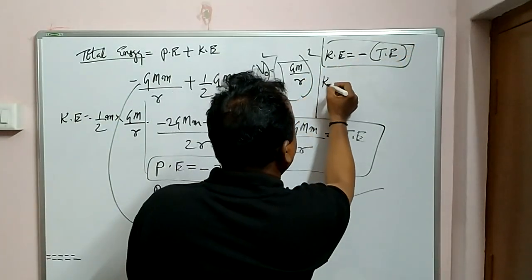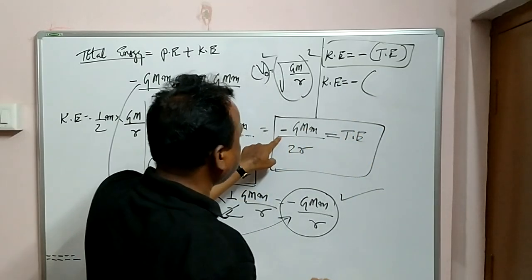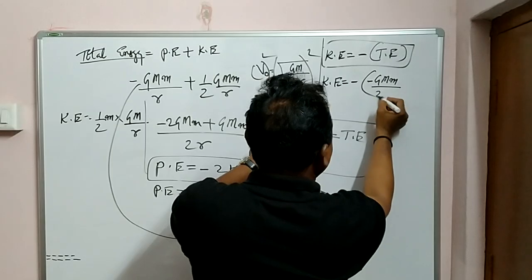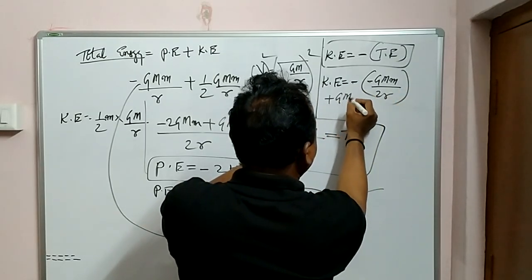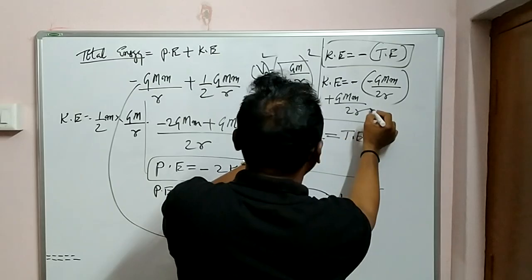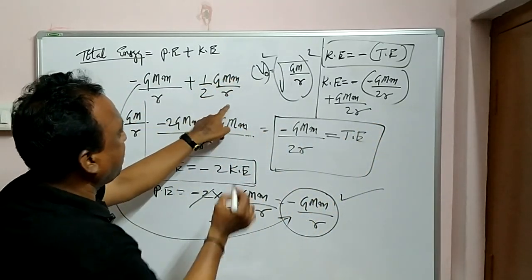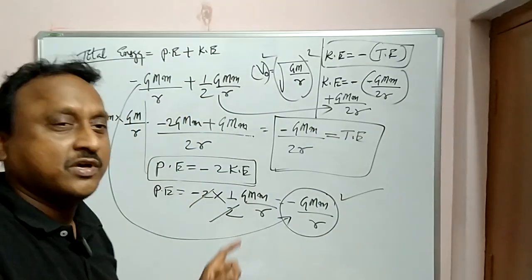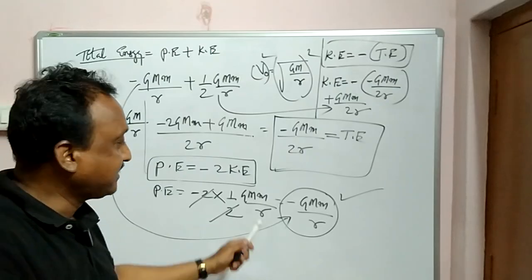Total energy is minus GMm by 2R, and minus into minus is plus, so GMm by 2R. Both are the same. Clear?